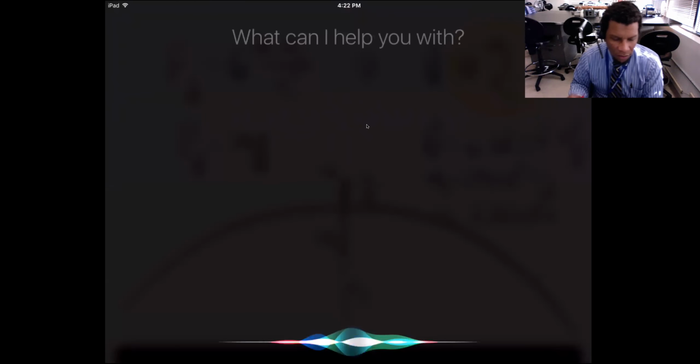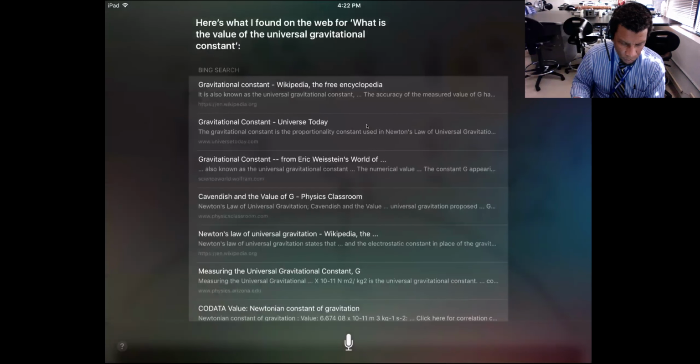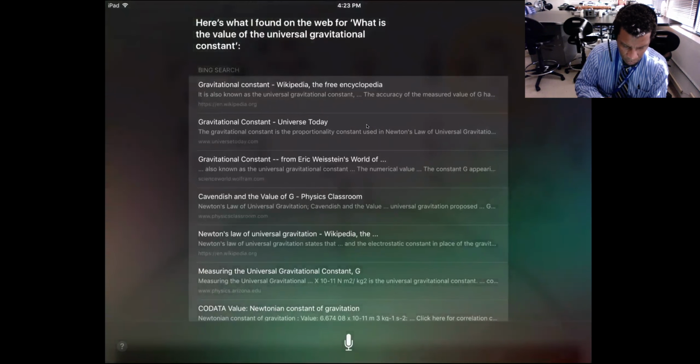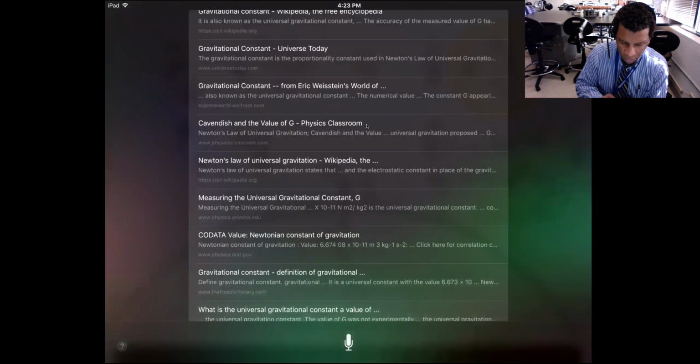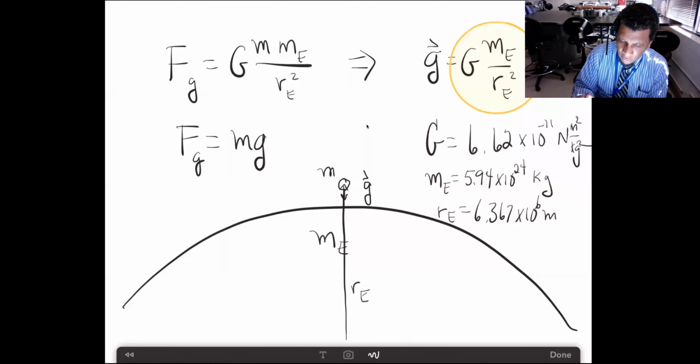What is the value of the universal gravitational constant? Let me check that. Here's what I found on the web. All right, there it is at the bottom: 6.67408 times 10 to the negative 11. So 6.674.